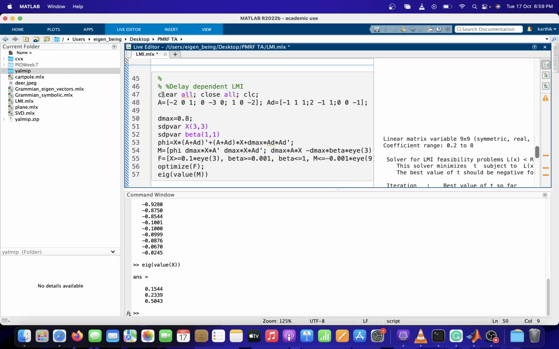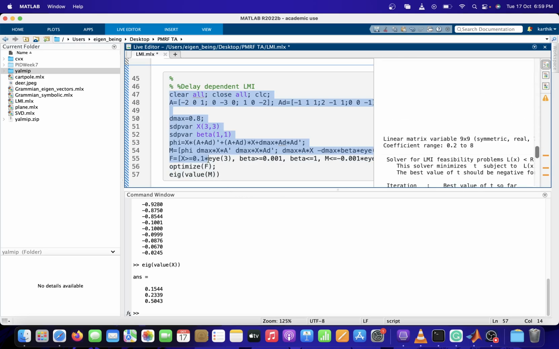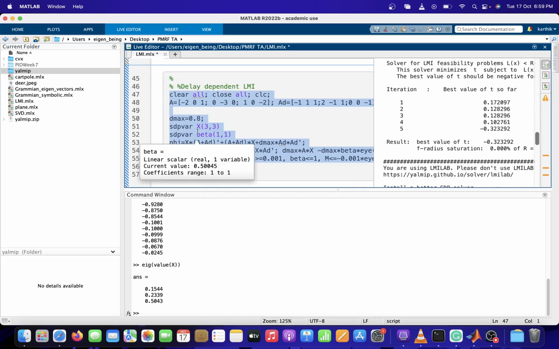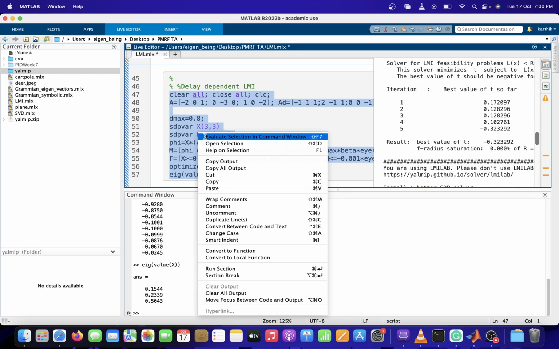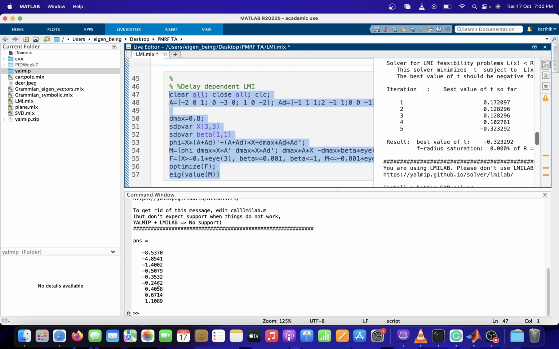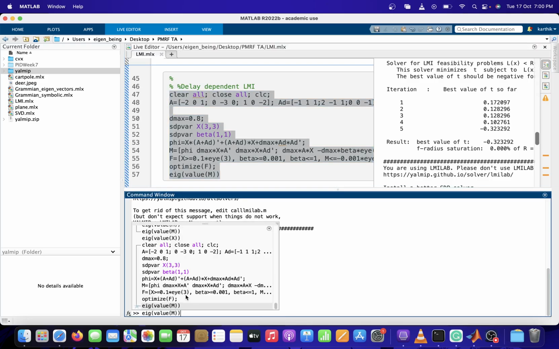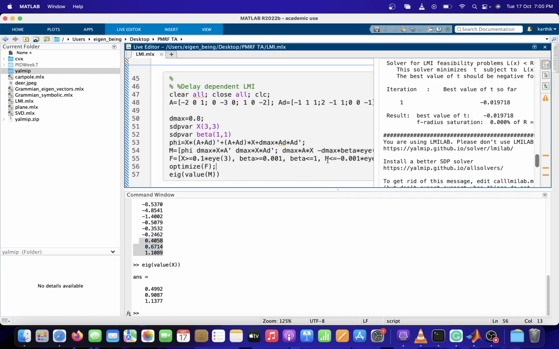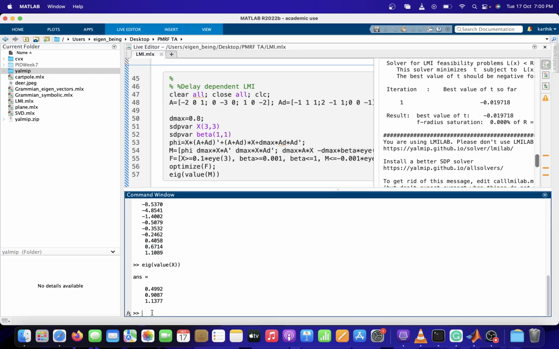Now if I increase it to 0.8 and run the same thing, I do get some positive eigenvalues for m. So it's not feasible. We need m to be negative definite, so the system cannot handle a delay of 0.8.